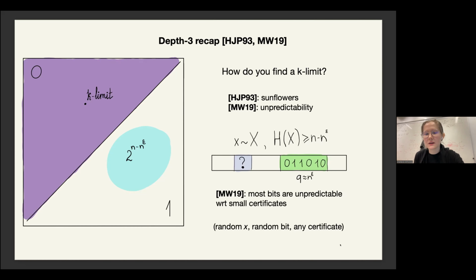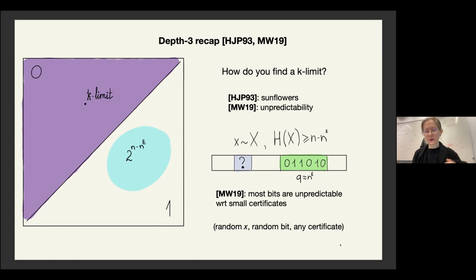So the setting here is that I sample my X from the distribution with this high entropy. And after that, I sample the bit that I'm guessing at random too, just uniformly at random. And after I do that, with high probability, I cannot predict this bit at all with any queries, even if I'm allowed to make the queries non-deterministically.